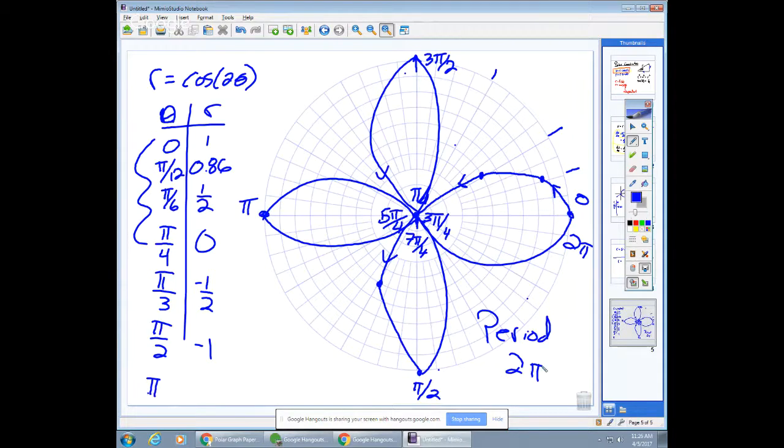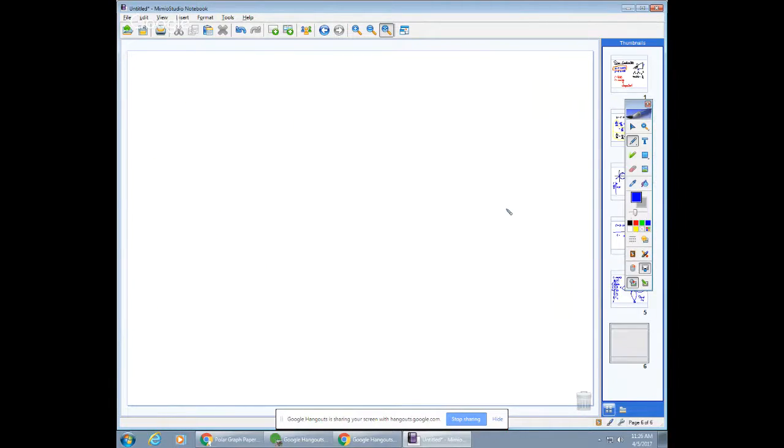All right, let's do one more of these and then we're going to do some calculus. We could spend weeks on polar graphs, but we're only going to take a little snapshot of it. What if I did something like r equals cosine of 3 theta?